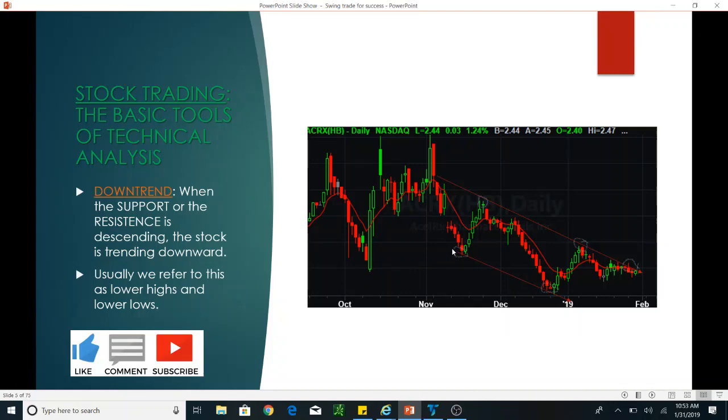This is why I said when the support or the resistance is descending, going downward, the slope is going down. That is a downtrend. It's really important because I will teach some other stuff about patterns, so once you master this little stuff, it'll let you understand the patterns.